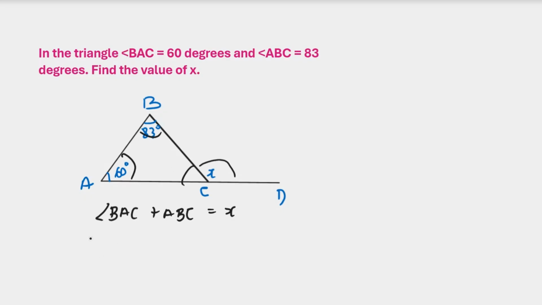So we have 60 degrees plus 83 degrees is equal to X. So what are we going to get? 60 plus 83, and we are going to get 143 degrees. So that's the value of X. That's very, very easy. Let's take our next question.